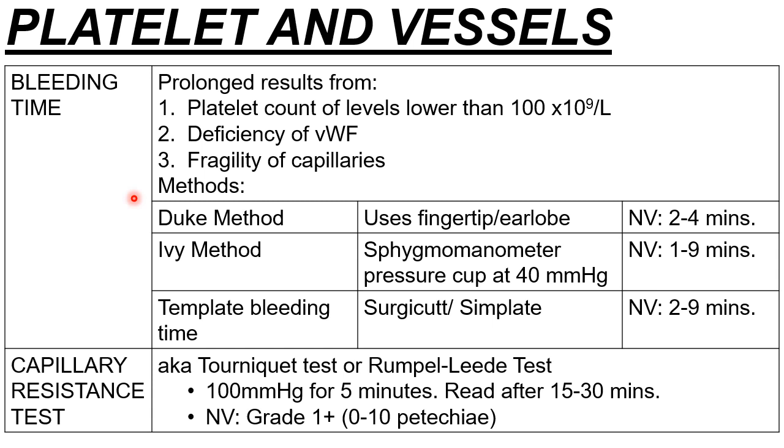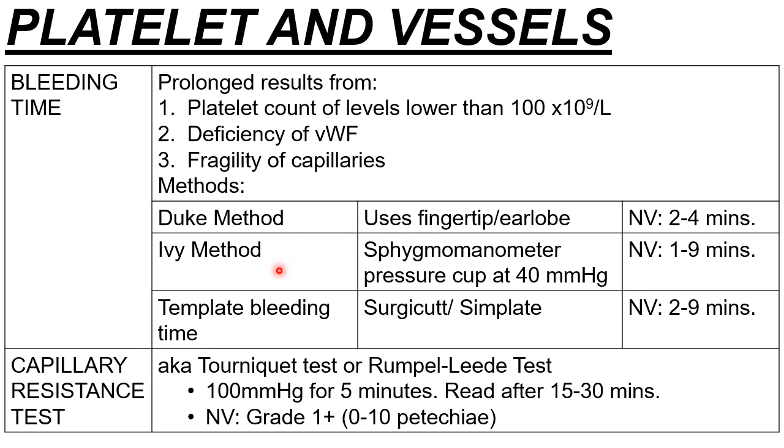So, if you want to assess the platelet at the same time, the vessels then, no? Pwede kang mag-bleeding time and CRT or the capillary resistance test. So, sa bleeding time, pwede mong gamitin dyan itong mga methods na to, Duke method, Ivy method, and template bleeding time. And it will depend on the way or the procedure. Sa Duke method, ang gagamitin mo is the fingertip or earlobe.